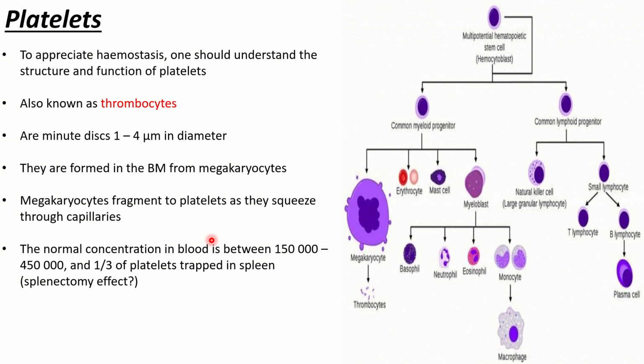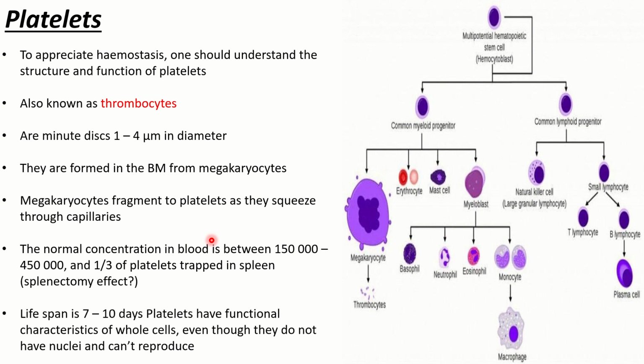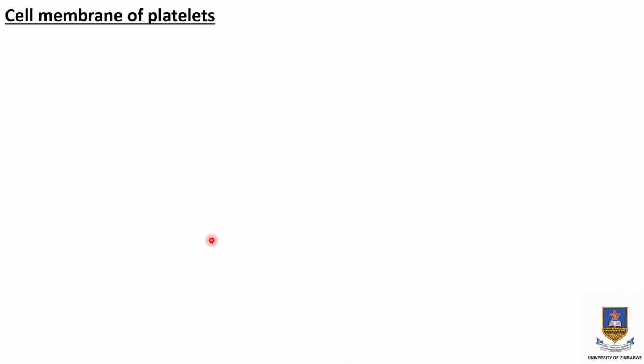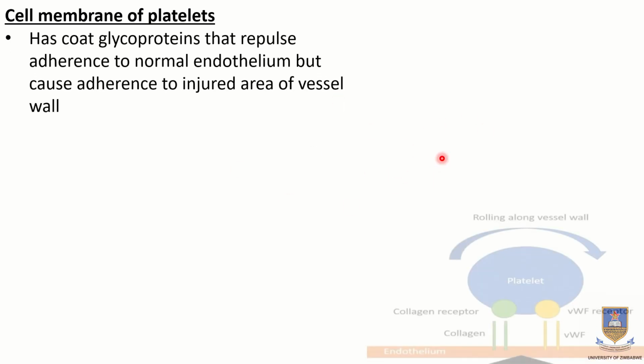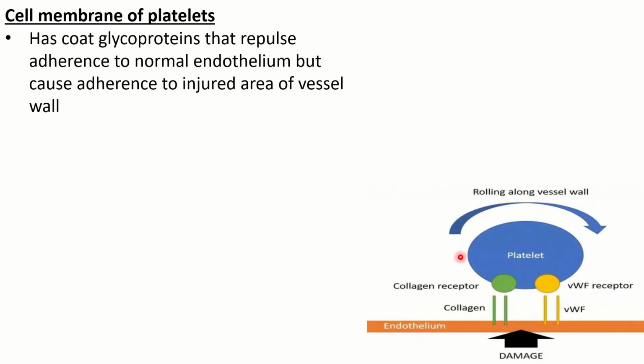Platelets are very important. They have a lifespan of 7 to 10 days, and they have functional characteristics of whole cells, even though they do not have nuclei and can't reproduce. So we see that these platelets have a coat of glycoproteins on their membranes, which repulse adherence to normal endothelium but cause adherence to injured areas of vessel walls.